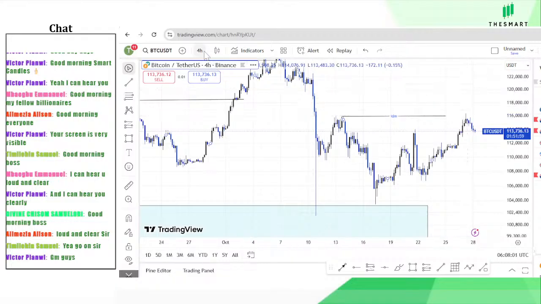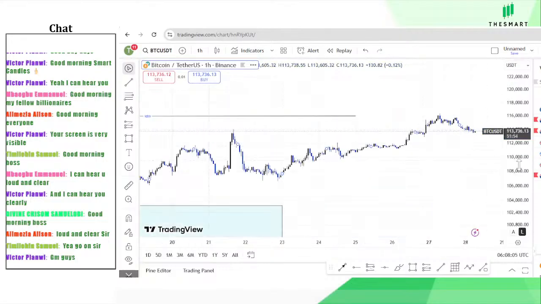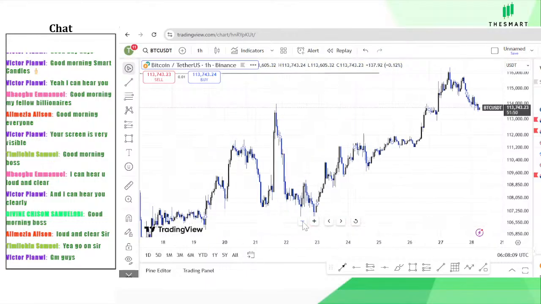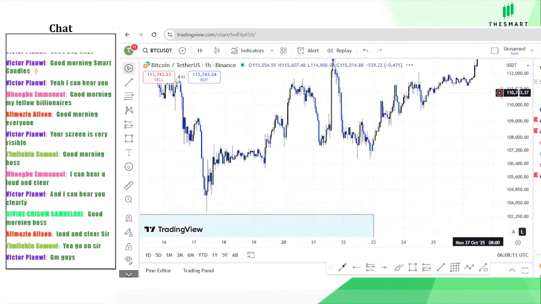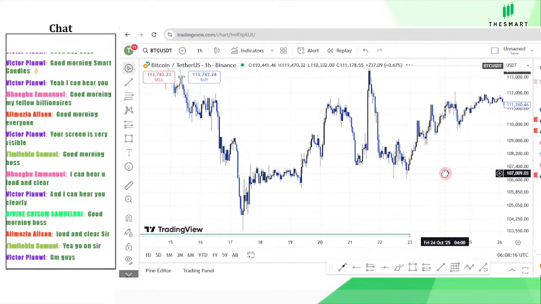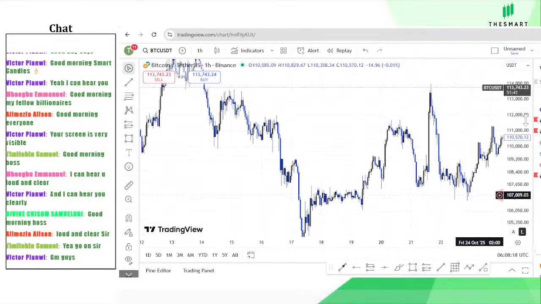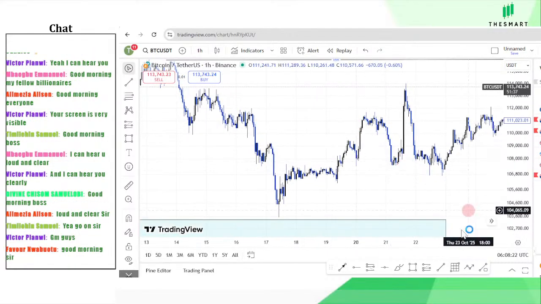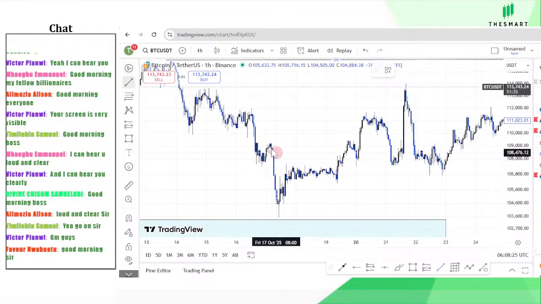So let's step down to the 1 hour to get a more precise entry. I don't want us to waste any time looking at the charts today. Looking at this price action from the 1 hour at this level, this was our change of character at this point.